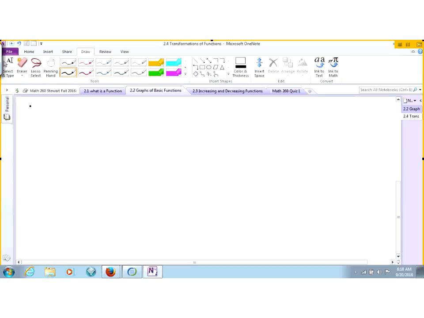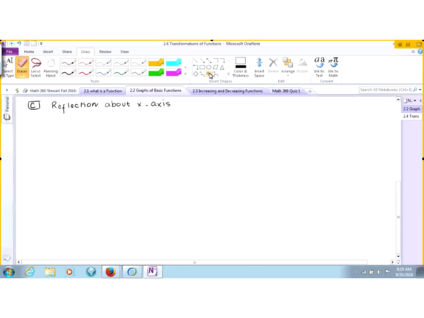Now the next one is reflection about the x-axis. Does it affect your y or your x? Your y, yes.